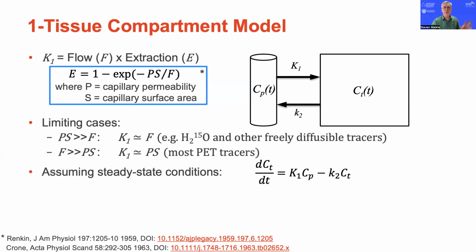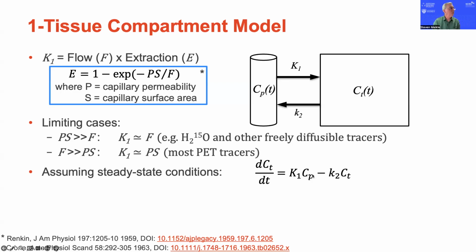Now, with all of the models we look at, you can write down the state equations that describe the rate of change of your tracer concentration in the tissue compartment.